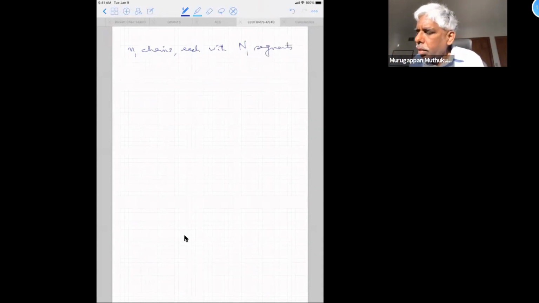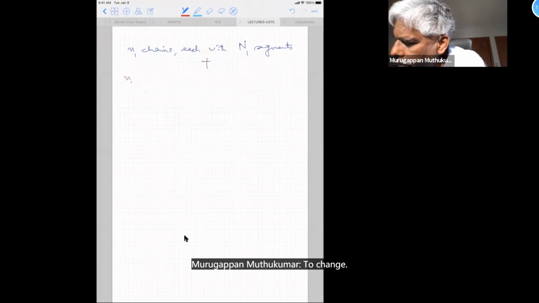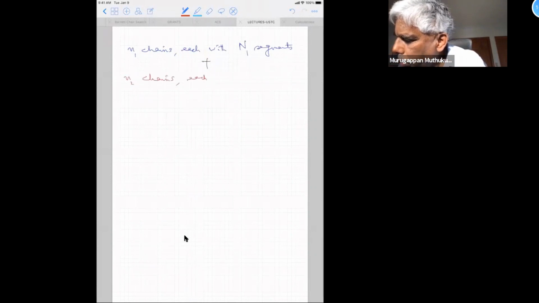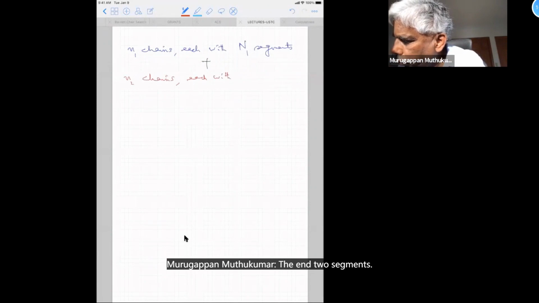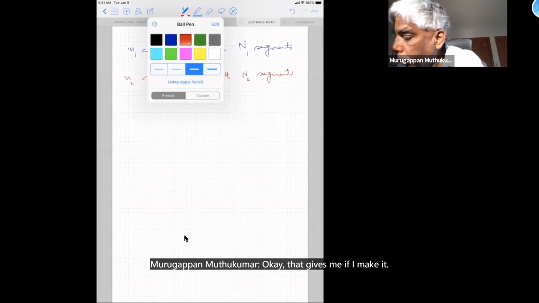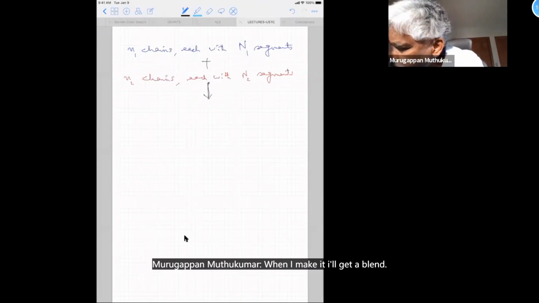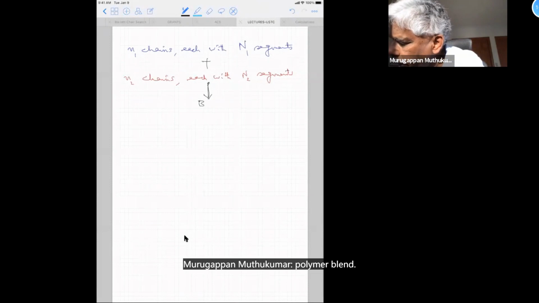Then I try to mix that with N2 chains, each with capital N2 segments. And that gives me, when I make it, a polymer blend.